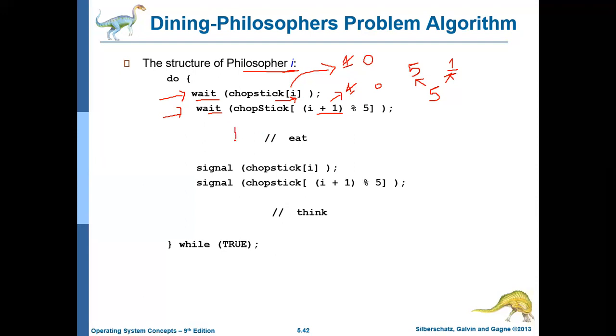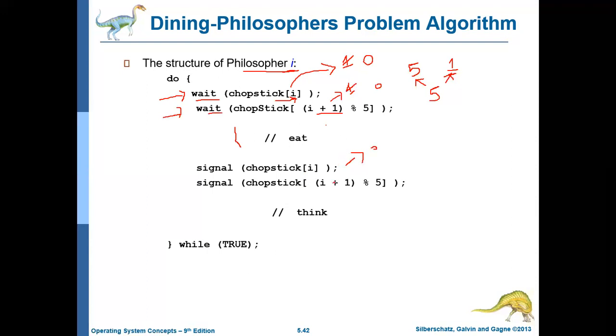Okay. That's it. Now he finishes eating. After that, he should release both chopsticks. As long as he is eating, chopstick of I will be 1 and chopstick of I plus 1 will also be 1. So when he calls signal on chopstick of I, it will become 0.